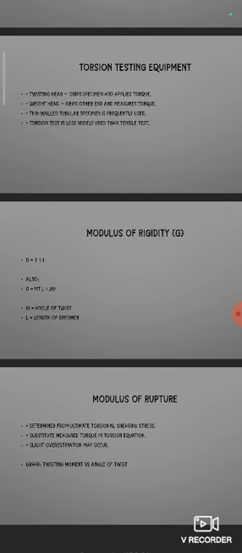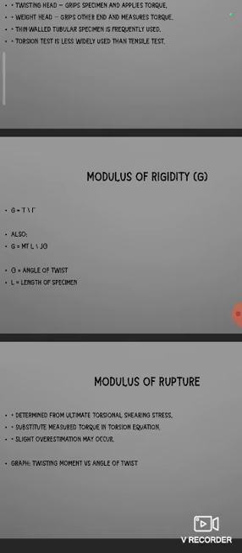Now coming to the next point, modulus of rupture, determined from the ultimate torsional shear stress. Substitute the measured torque in the torsion equation. Now I will clearly explain the modulus of rupture. It is determined from the ultimate torsional shear stress. The maximum torque at failure is substituted into the torsion equation.